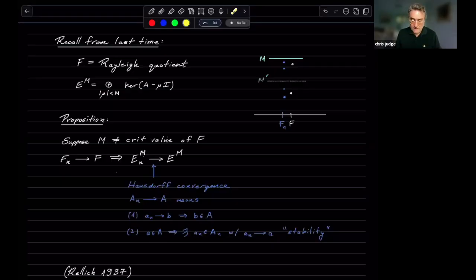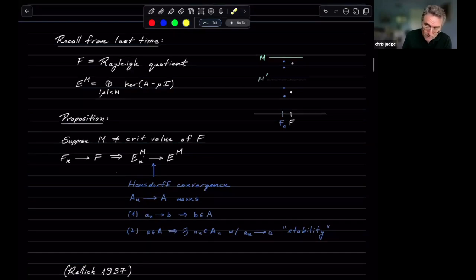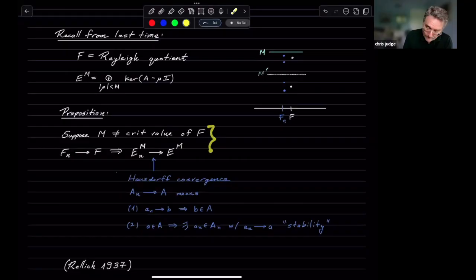And I was talking about these spaces EM, which are the span of the critical points where the critical values are less than M, or in other words, the eigenspaces up to some value M. The proposition that I was proving last time was that as long as M is not a critical value itself, or not an eigenvalue of your operator, then the eigenspaces converge. But I wasn't very careful about what I meant by converge. So let me be more specific.